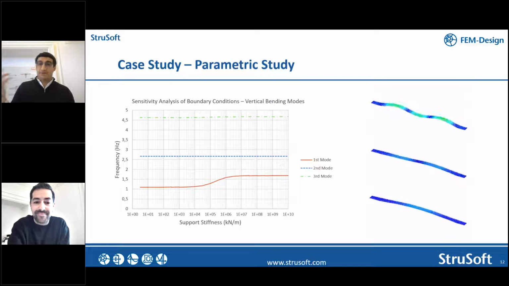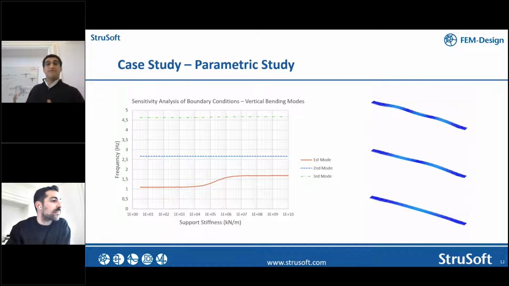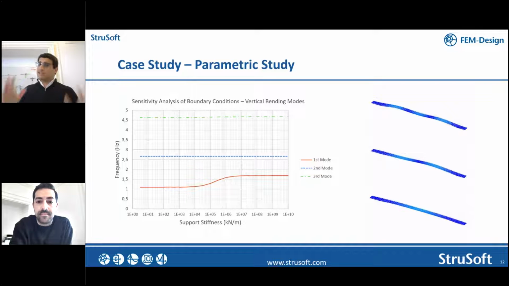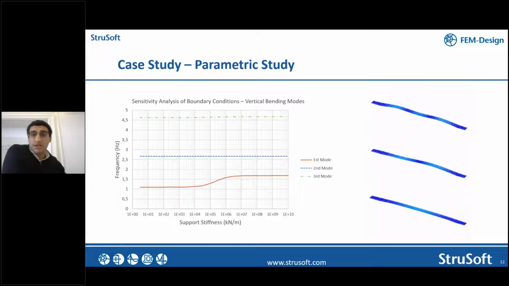And why is it? We have a loading that is not that high in magnitude. It is more about the frequency of that loading, such that we will achieve resonance, and then we have a problem. So thinking in these terms, let's go to the graph, the parametric analysis, the sensitivity analysis, in which we get this S shape of the first natural frequency of the system, and we see that it goes from around 1.1 to 1.7 hertz.